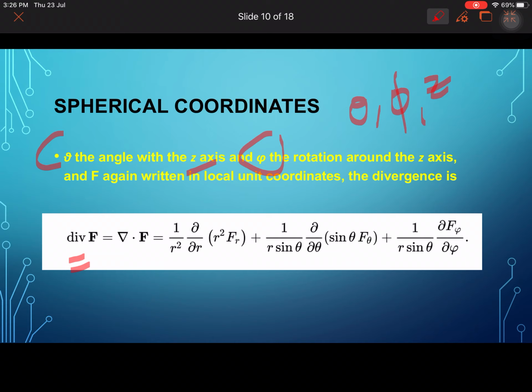In that, divergence of f is defined like this: div f equal to del dot f equal to 1 by r square into dou by dou r of r square into fr, plus 1 by r sin theta into dou by dou theta of sin theta into f theta, plus 1 by r sin theta into dou f phi by dou phi. This is the mathematical equation for the divergence of f bar in the spherical coordinate system.